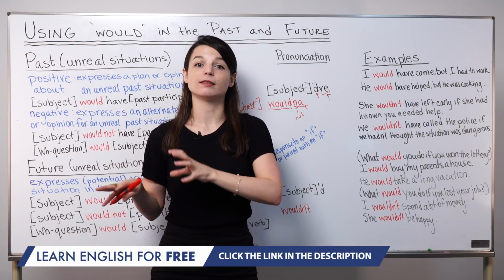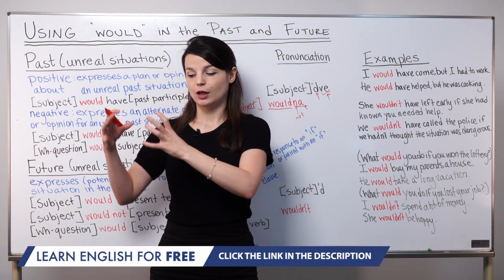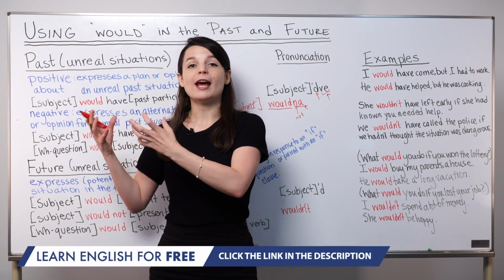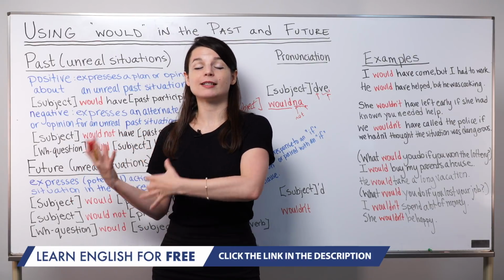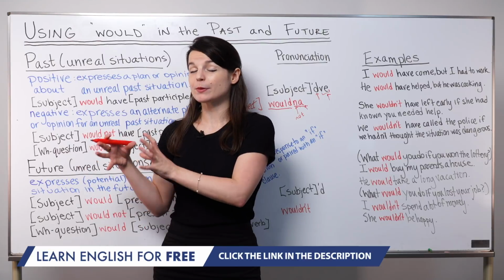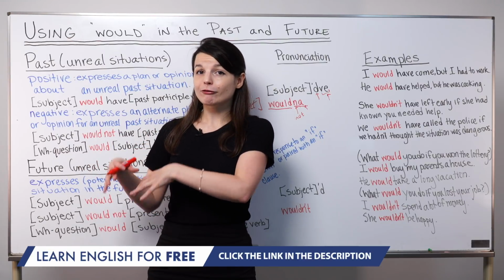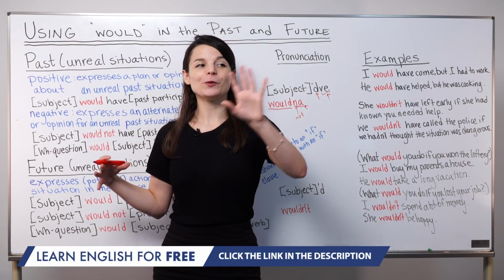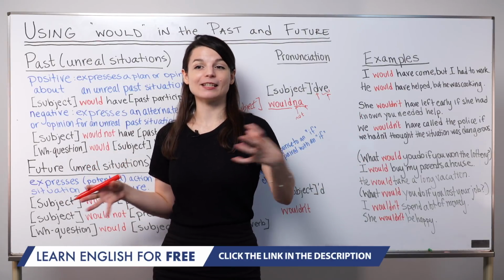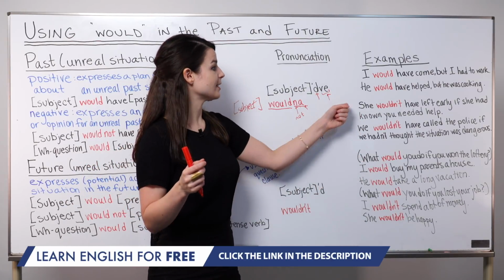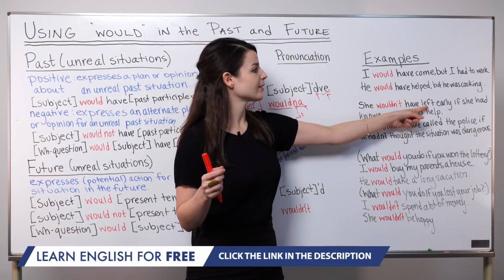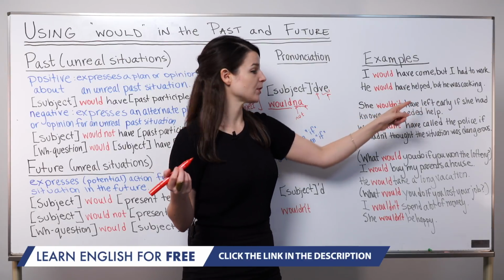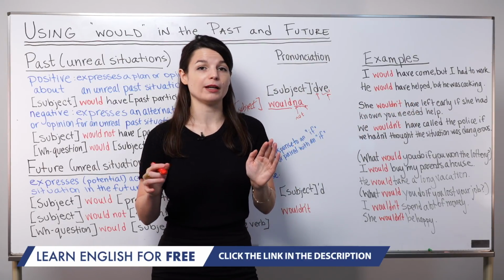So perhaps this is a communication-related issue. She maybe would have stayed. So that was the change in the action. She perhaps might have stayed if she knew this third party needed some help. So wouldn't have means this person did leave. So again, this is an unreal situation.